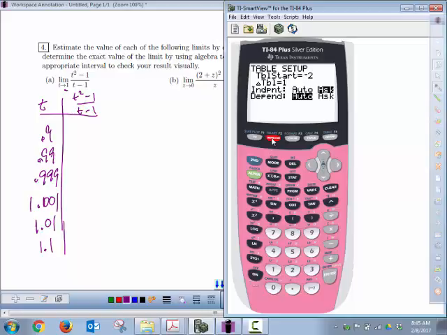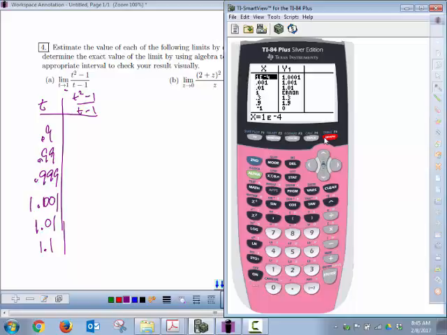I think for the independent variable, I want to set it to ask, and for the dependent variable, it's auto. And then the table start and table step don't really matter if you've got this set up. So that's good. And then instead of hitting graph, I'm going to press second function and graph, and then that'll be a table.